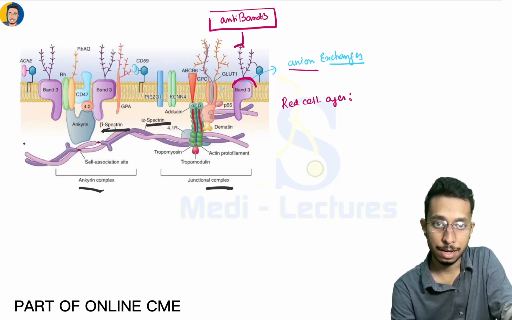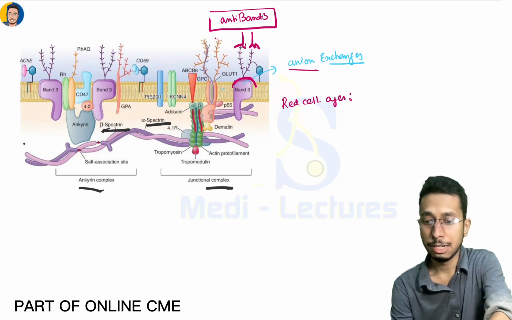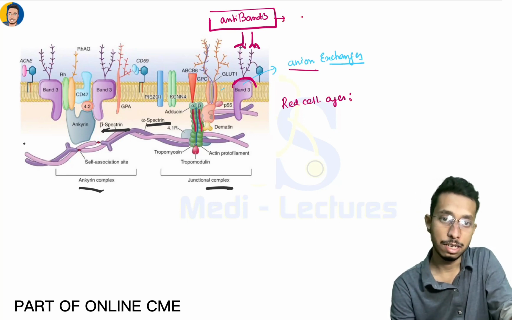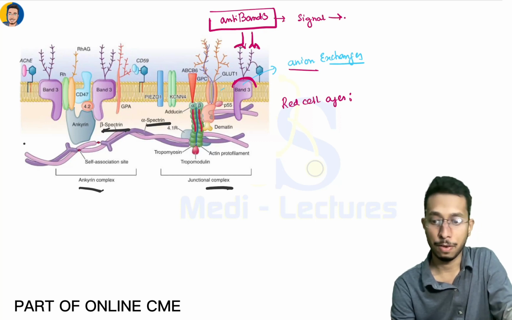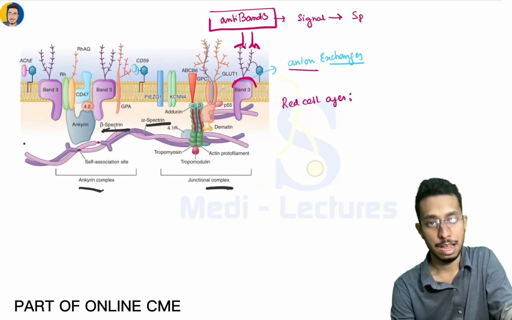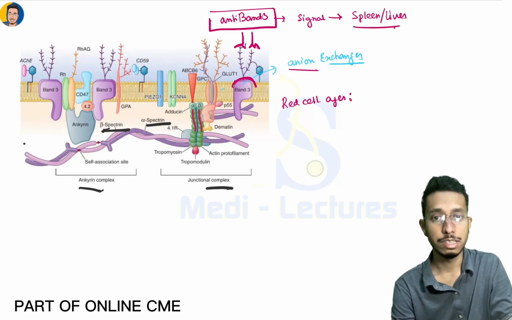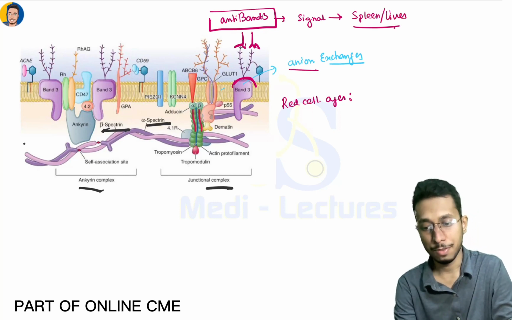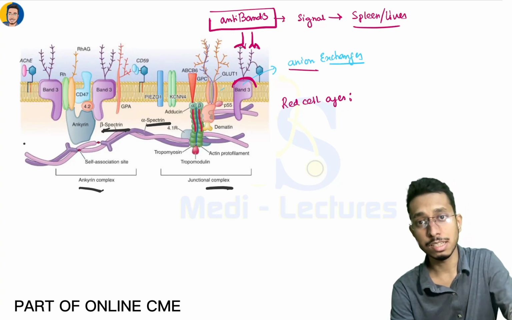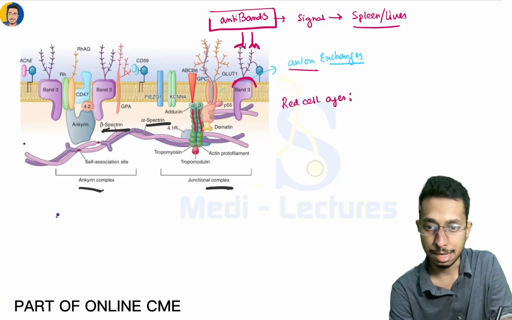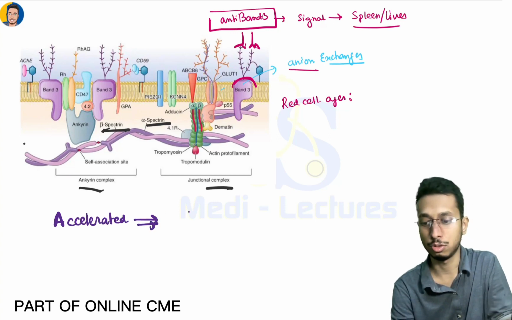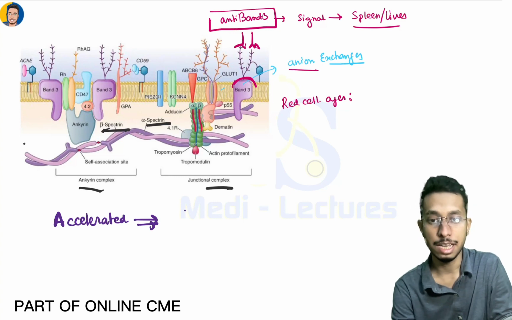That binds to band 3, resulting in opsonization and gives a signal for phagocytosis by the spleen and liver. Now, this is a normal physiological process. When this process is accelerated, it leads to a severe form of hemolytic anemia.